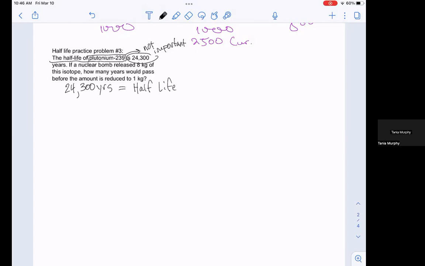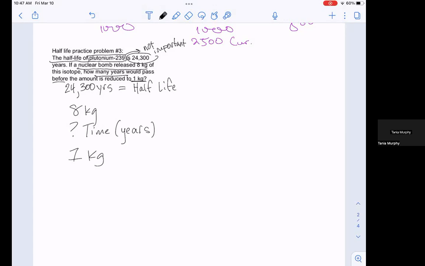That's a long half-life, right? So this guy doesn't go away. He stays around. A nuclear bomb released 8 kilograms of the plutonium-239. And we want to know how many years will pass before we get to a final mass of 1 kilogram.